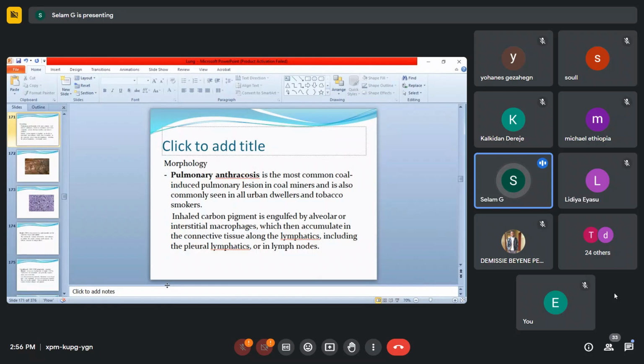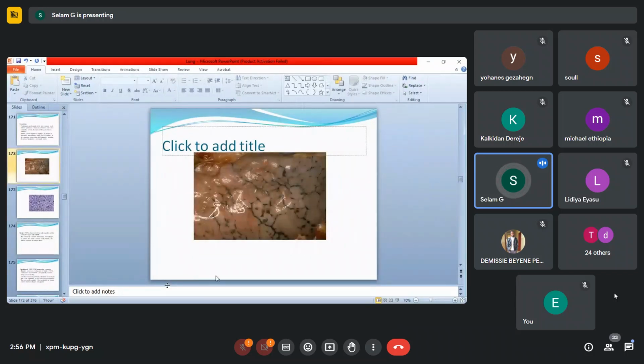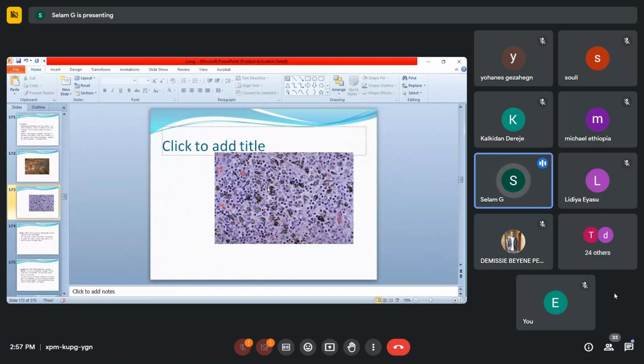Inhaled carbon pigment is engulfed by alveolar or interstitial macrophages, which then accumulate in the connective tissue along the lymphatics, including the pleural lymphatics or lymph nodes. So you see dark staining of the parenchyma of the lung because of anthracosis, and histologically you see macrophages with dark pigmentation containing the coal.